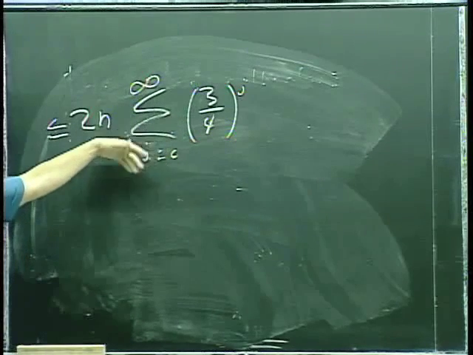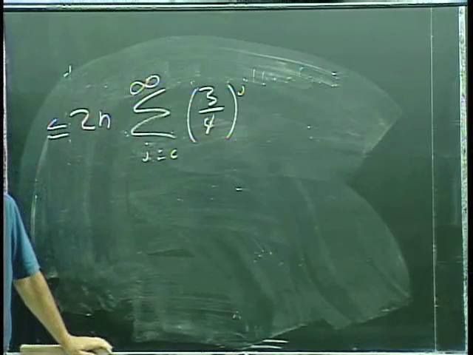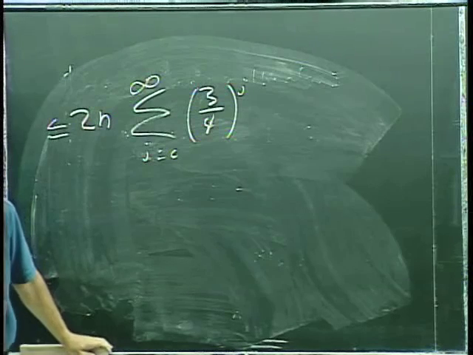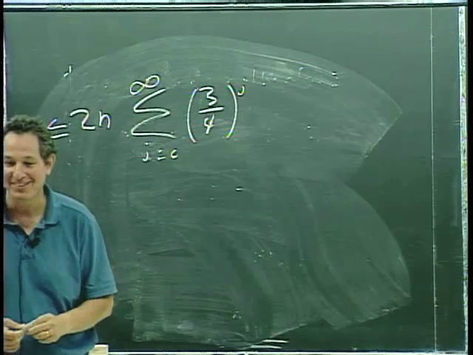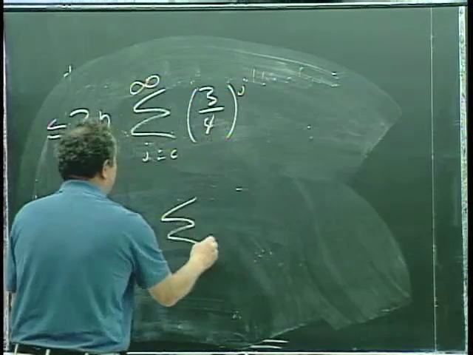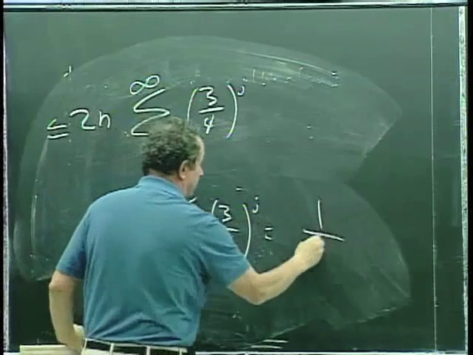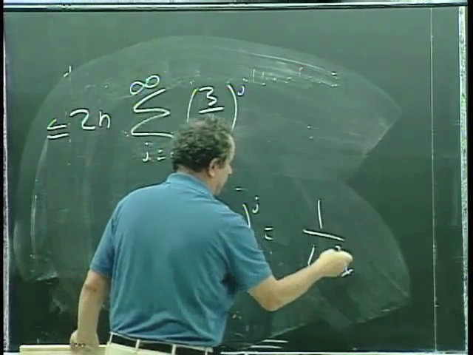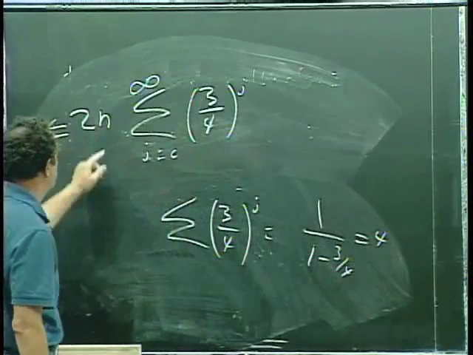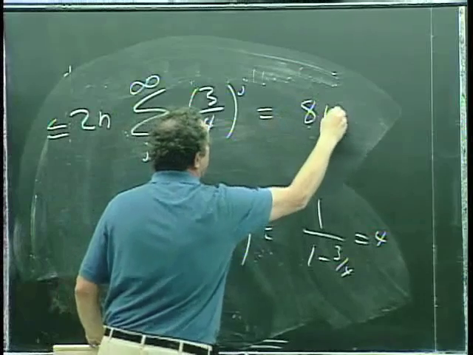What's the sum of 3/4 to the j as j goes to infinity? Somebody went to high school. Yeah, 3/4 over 1 minus 3/4. Okay, so this summation of 3/4 to the j is equal to 1 over 1 minus 3/4. 1 minus 3/4 is 1/4, so that's equal to 4. So this whole thing is equal to 8n.